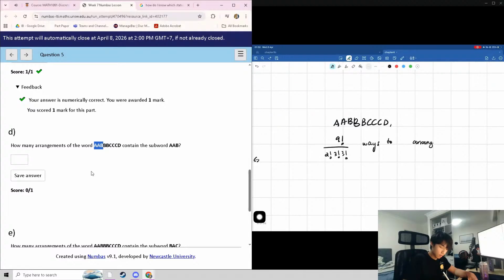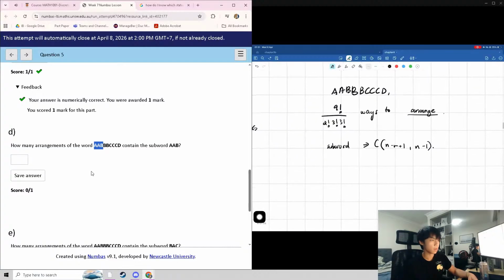And then we have the subword, which is C, choose, n minus r plus 1, n minus 1. How many arrangements of that contain that?